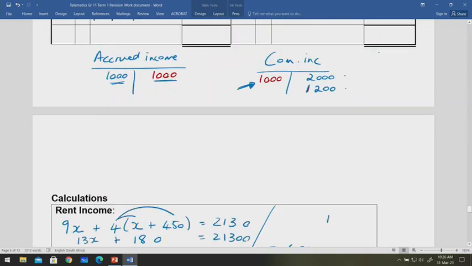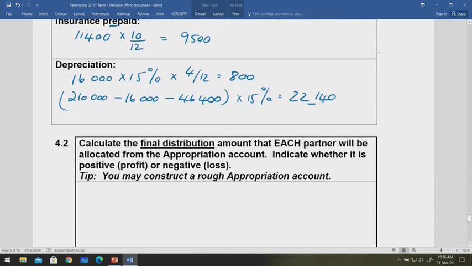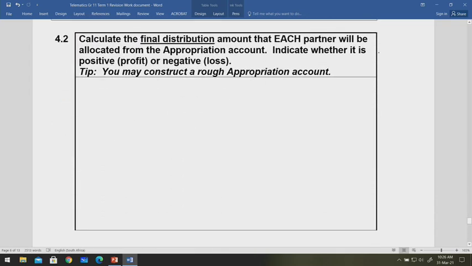The last part of this question, the final distribution for each partner. Now, that is the reason why they gave us the net profit, so that you can work with a correct net profit. The net profit was 42,090.